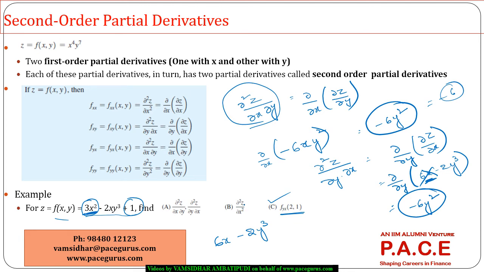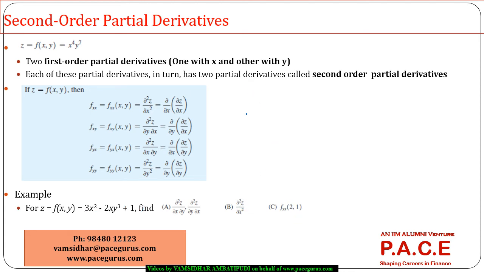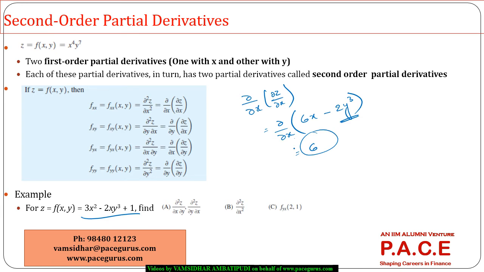And I am simply to find ∂²z/∂x², which is nothing but ∂/∂x of ∂z/∂x. I differentiate first with respect to x, which gives 6x − 2y³. Now differentiating with respect to x again, I get 6, and the other term is a constant. So 6 will be my value for ∂²z/∂x².